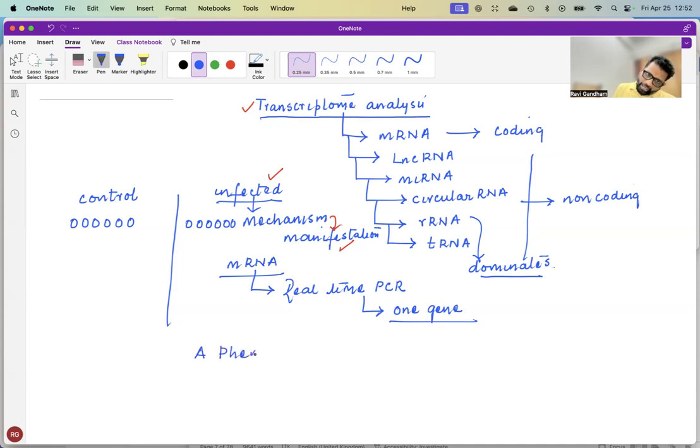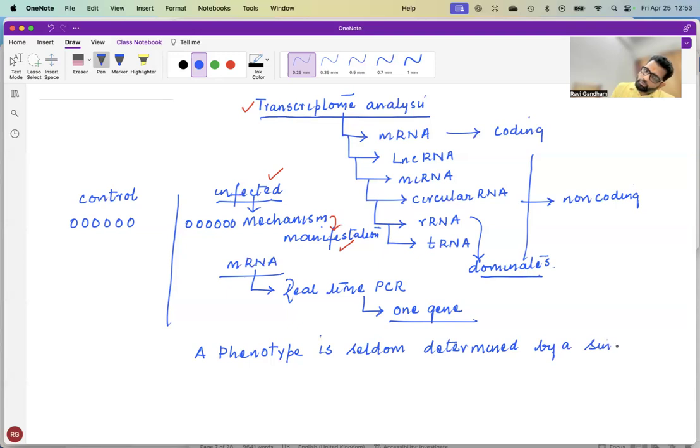This is the bottom line and the punchline. A phenotype is seldom determined by a single gene. What does this mean? That a phenotype is rarely determined by the expression of a single gene.